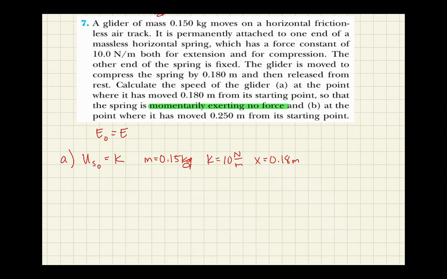So plugging this in, my formula for spring energy is 1/2 kx squared. And that's going to be equal to the kinetic energy 1/2 mv squared. Plugging in, I get 1/2 times 10 times 0.18 squared equals 1/2 times 0.15 v squared.